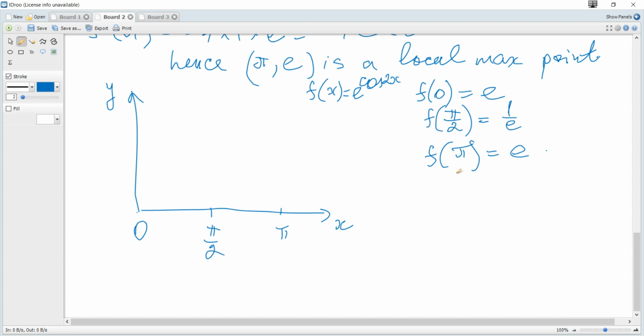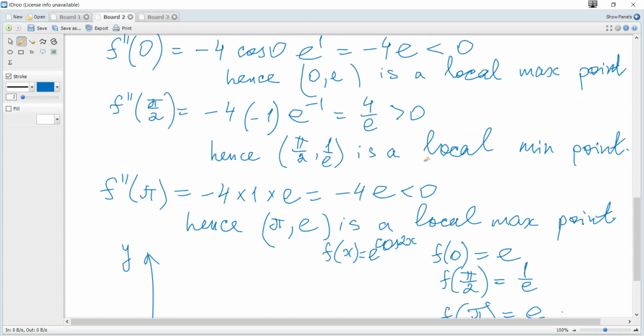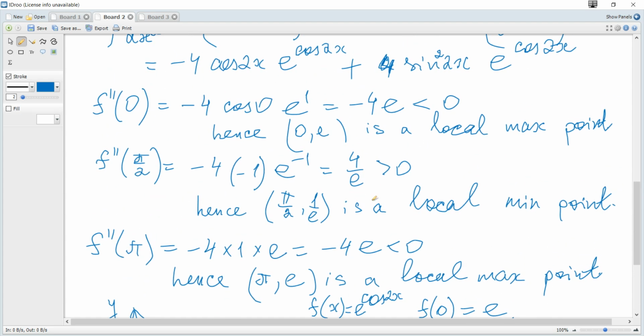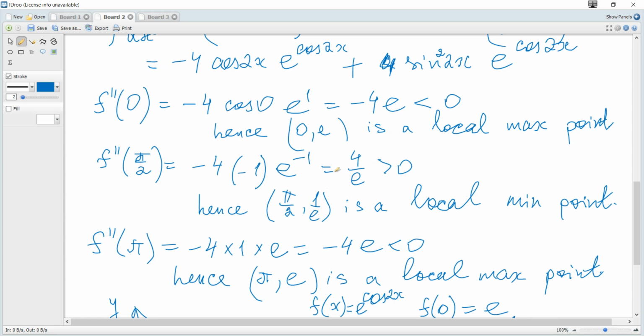And with respect to the values of the second derivatives, you can see that at the midpoint, the second derivative is 4 over e, and at end points it's 4 times e, and 4 multiplied by e will be much greater than 4 over e.